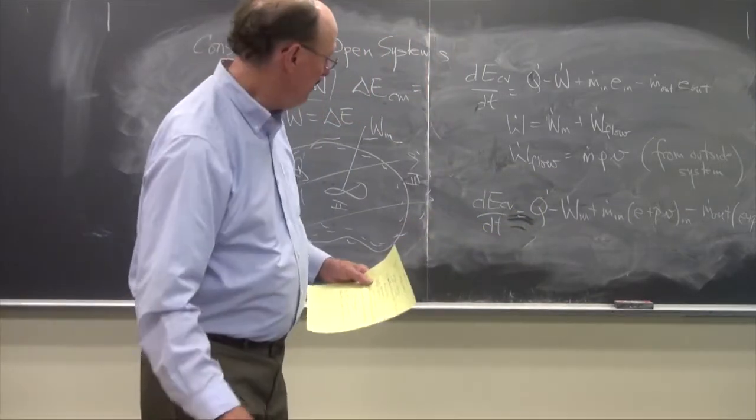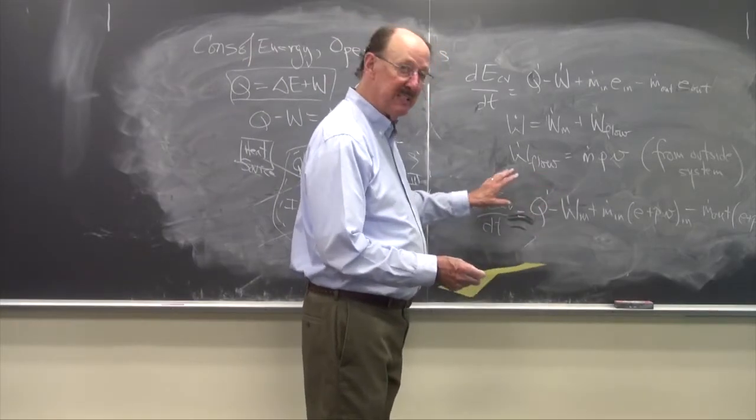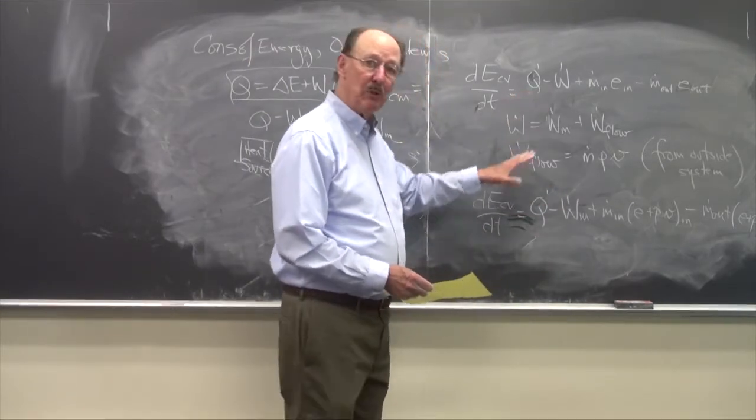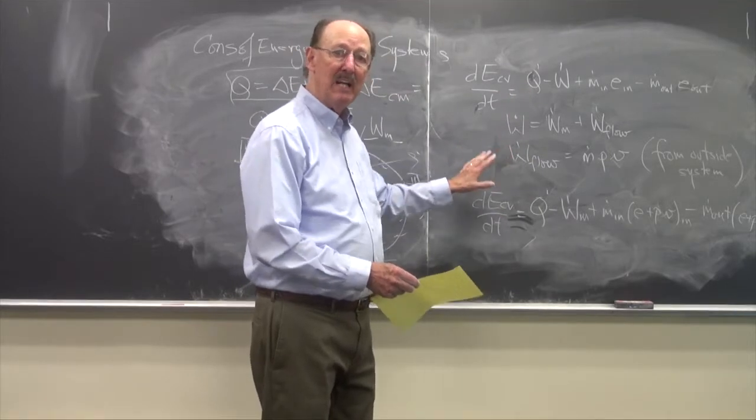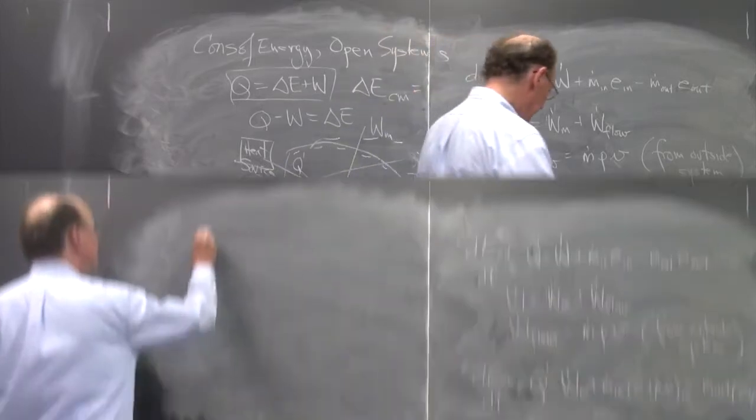For steady state, we can simplify this and we'll get to a couple of equations that we'll use. The next few equations are part of the development, then we'll get to the equations that you apply in the first law analysis.